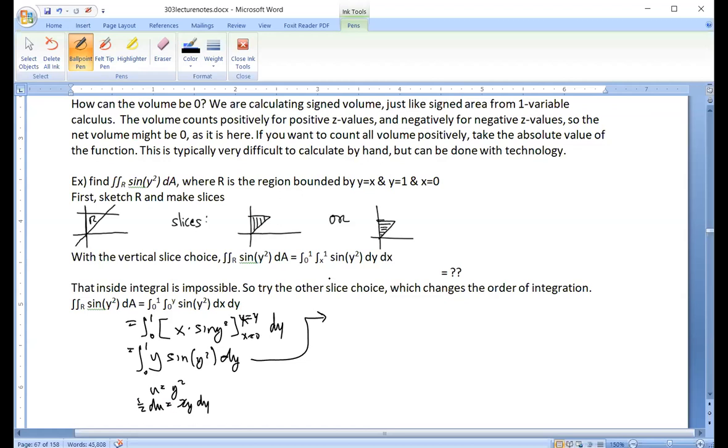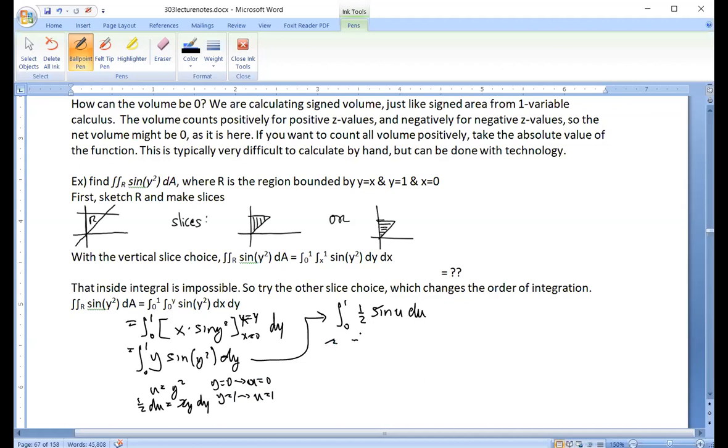If u equals y squared, then when y equals 0, u equals 0, and when y equals 1, u equals 1. So the boundaries actually stay 0 to 1. And now it's the integral of 1/2 sine of u du.